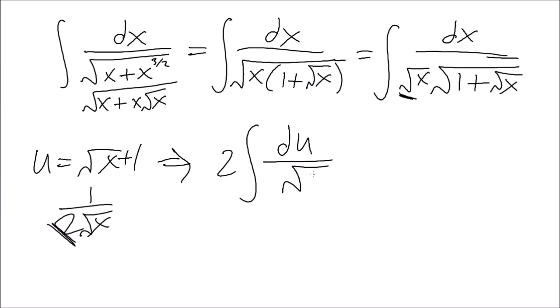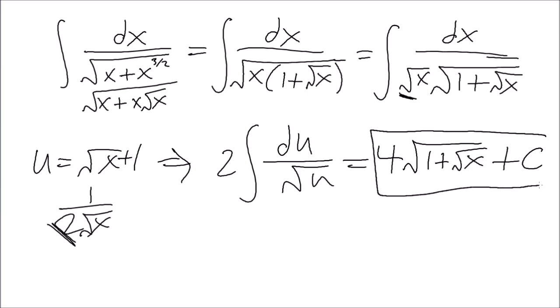Now it's just root u rather than 1 plus u. Cool. So then this is just 4 square root of u, and u is equal to 1 plus square root of x. And that is your answer.